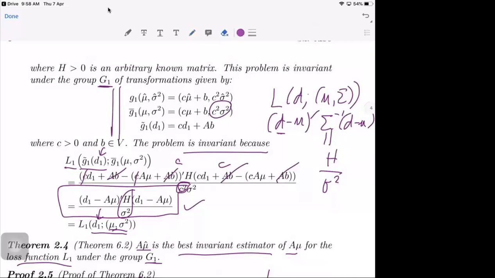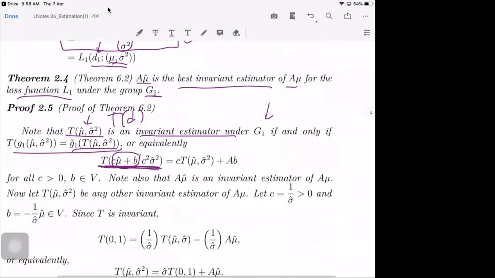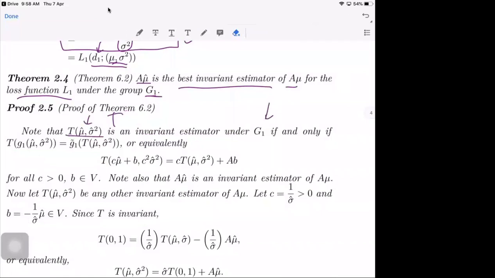So this is how you transform it: you add B to the mean. So you add to your mu hat, G1 at mu hat.